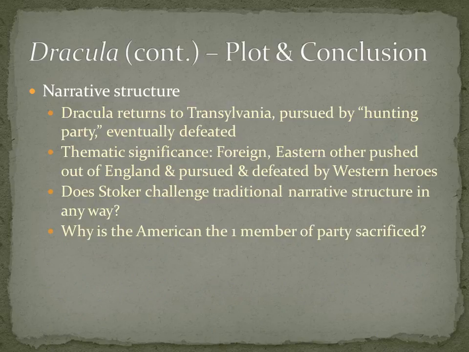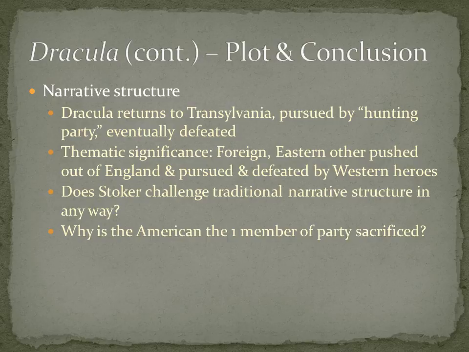What's interesting is, when you have a group of individuals like this hunting a villain, usually one doesn't make it. And so, of course, out of this group, it's the American. The only other foreigner out of the five-member hunting party is Van Helsing, but he's the older, wiser, almost leader type of the party. And obviously there's that remaining tension with America from the Revolutionary War and the War of 1812.